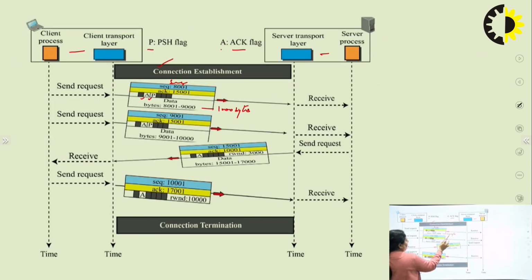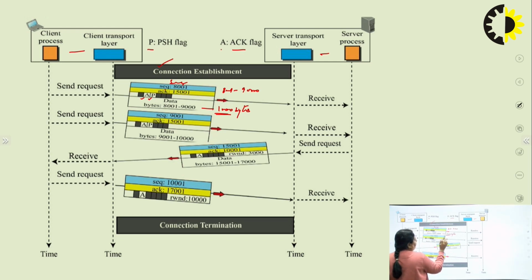So for the first packet, the sequence number is incremented to 9001. Why? Because 1000 bytes were transferred with sequence numbers 8001 to 9000. Okay, now the sequence number is 9001.